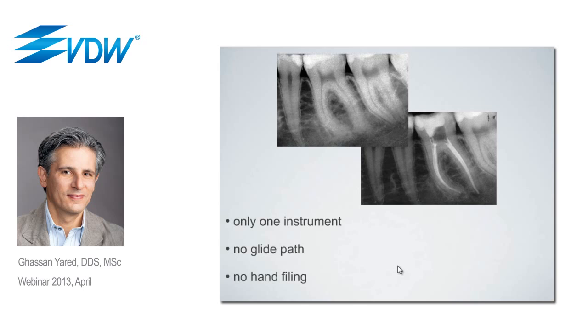The purpose of this presentation is not to discuss increased apical enlargement. If you wish, after using the R25 to have a larger canal preparation, then you can do that. If not, you can just stop with the R25.